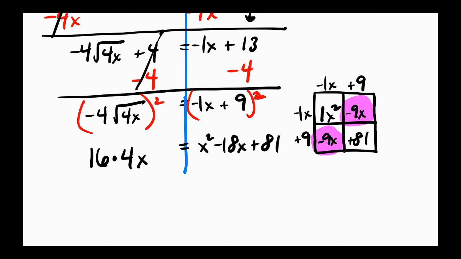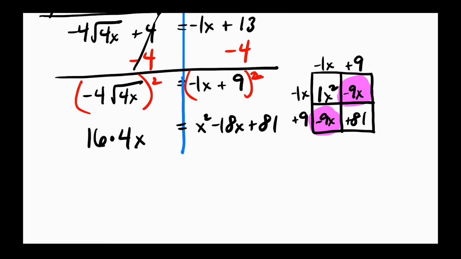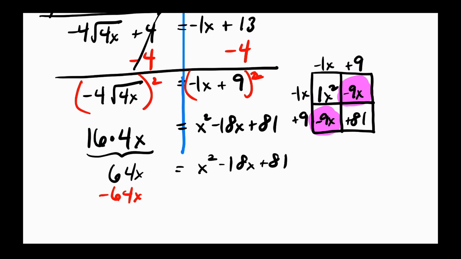Yep, so we got a couple steps. We're going to do ABC, definitely, because we have squared. So we got to multiply this, so we get 64x here. So before we can do ABC, we got to set it equal to 0. That's our step here.